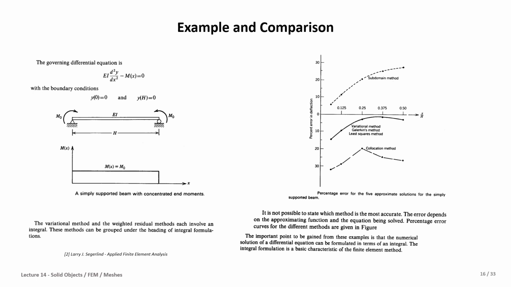However, it's not possible to state which method is the most accurate. The error depends on the approximating function and the equation being solved. The percentage error curves for different methods given in this figure provide us this information about which one could be selected for this type of problem.